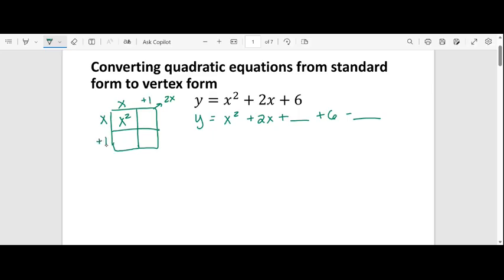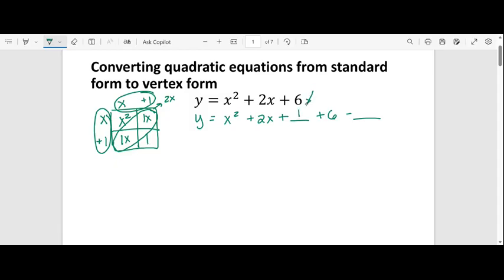So we'd put 1 on the top and the side, and we'd get 1x and 1x. This is completing the square because our sides are identical. And as you know, the length and the width of the square are the same, right? So if we're doing a square, they need to be the same on the top and the side. So in our blank here, our C value is going to be the positive 1 times the positive 1, which gives us 1. So in our blank, we have a 1.